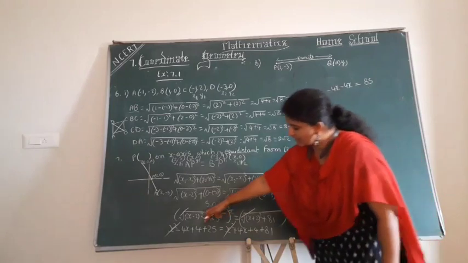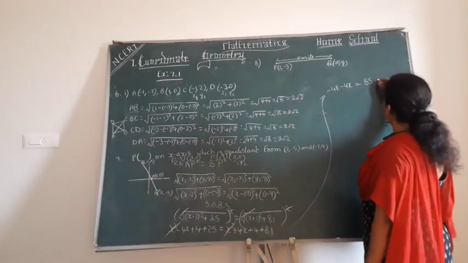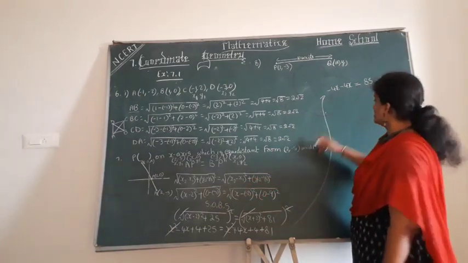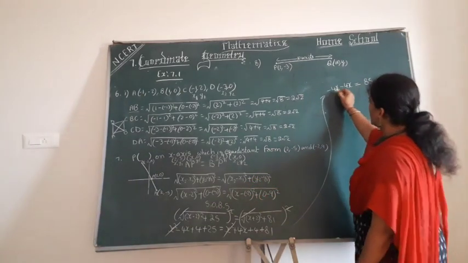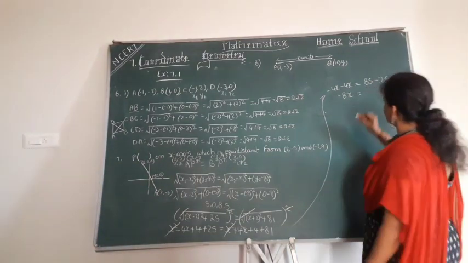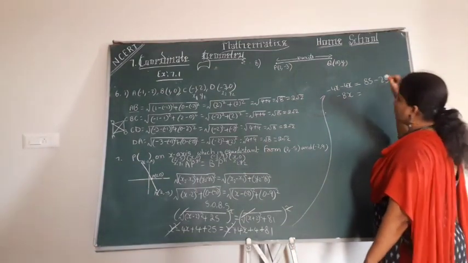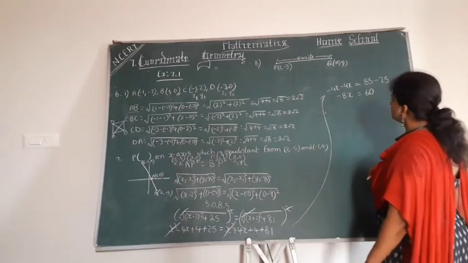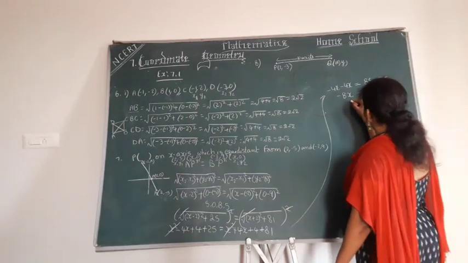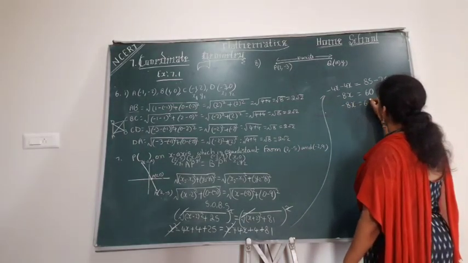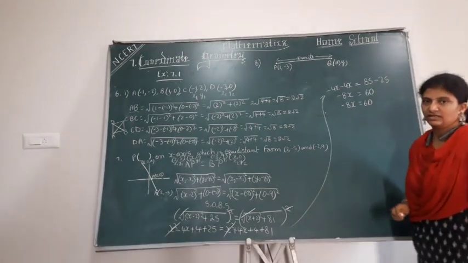Then carry this one, 25 plus 4 will be 29. If you bring this 29 to the RHS, it will be subtracted. Minus 4x will be minus 8x. Then 85 minus 25 will be 60. Minus 8x is equal to 60.